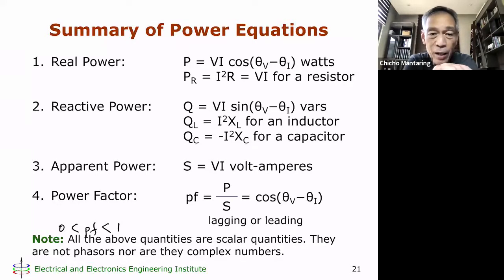No? If your circuit is purely capacitive, that's minus 90 degrees. If it's a resistance plus a capacitance, it's anywhere from 0 to minus 90 degrees. So in all those cases, your power factor will never be negative. It will always be positive. Any other questions?